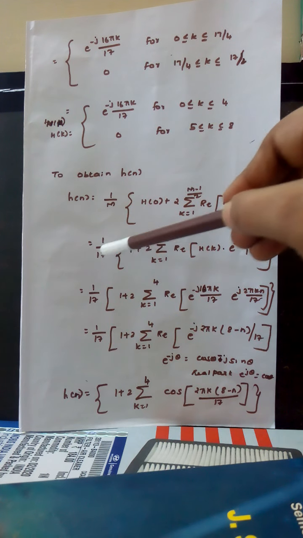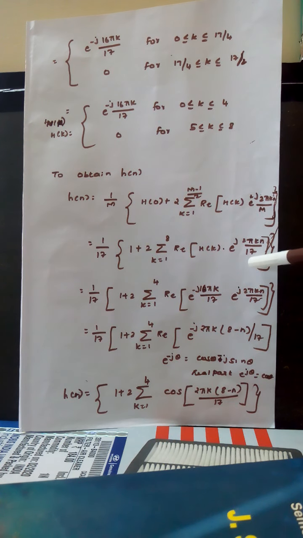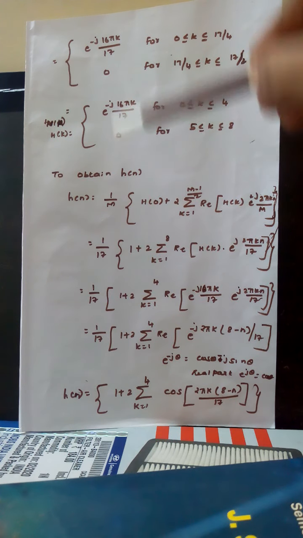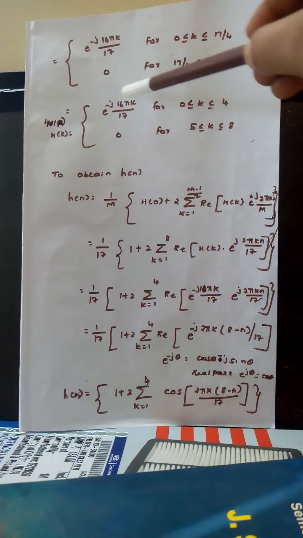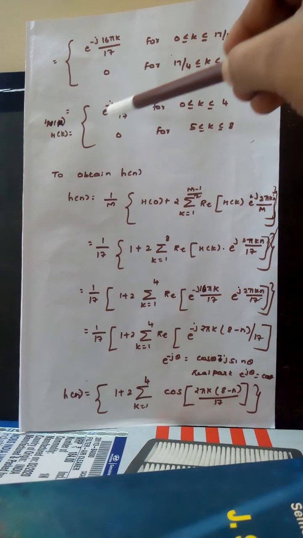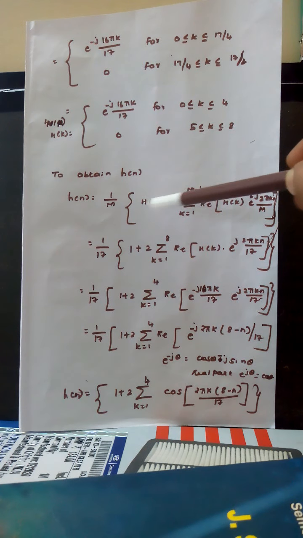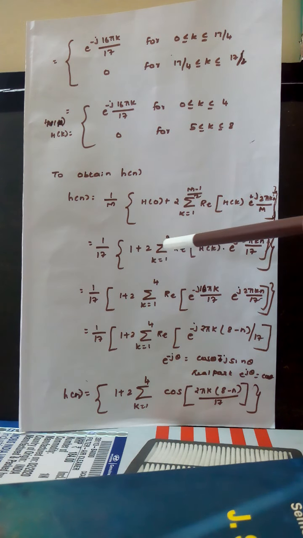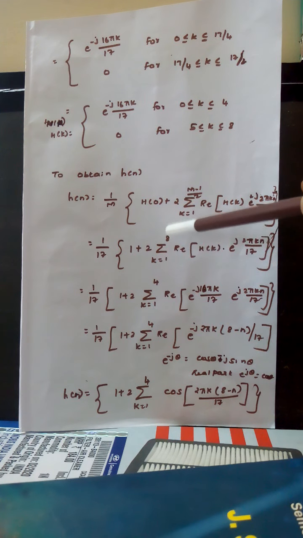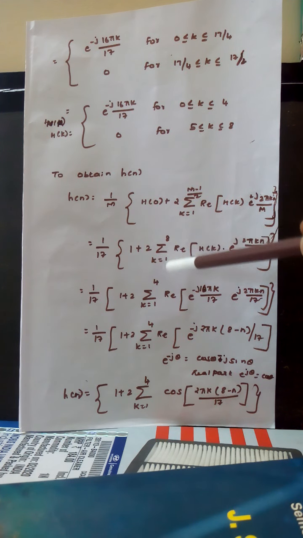So the m value is replaced by 17, and again here also it is replaced by 17. Now in this case, the k value will vary from 0 to 4. We have this term, correct. So if you substitute the k value as 0 in this equation, we have e to the power of 0, which will become 1. That's why h of 0 we are writing as 1, plus. Here we have put the starting limit from 1, instead of 0, and the limit to 8.